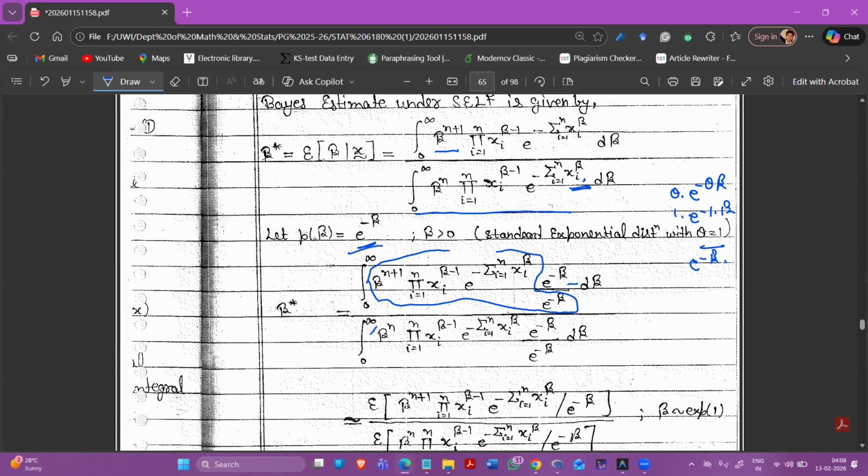Similarly in the denominator part, this part is my fx into qx upon px, multiplied by px.